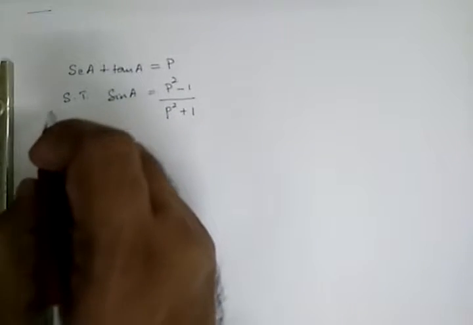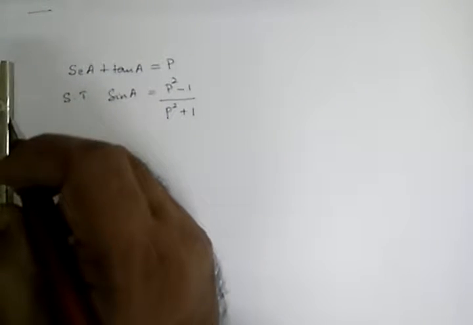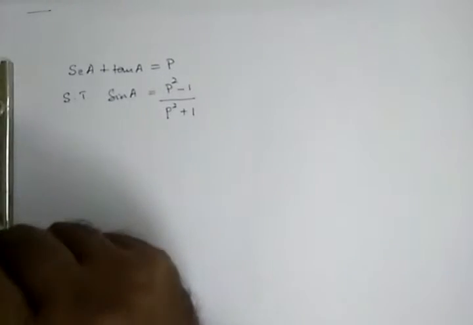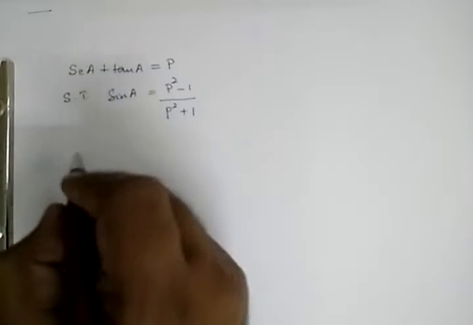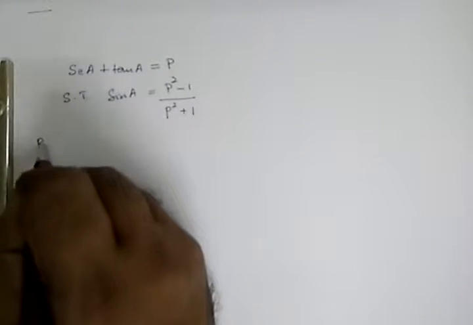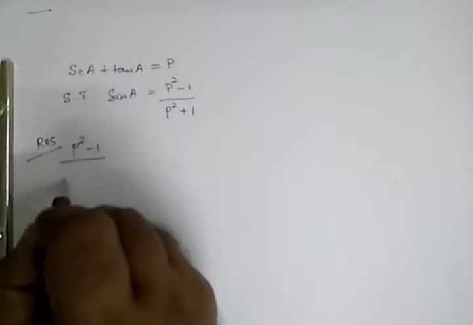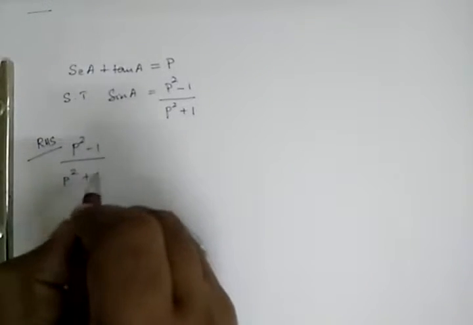Let's take the right hand side now. The right hand side is P squared minus 1 by P squared plus 1.